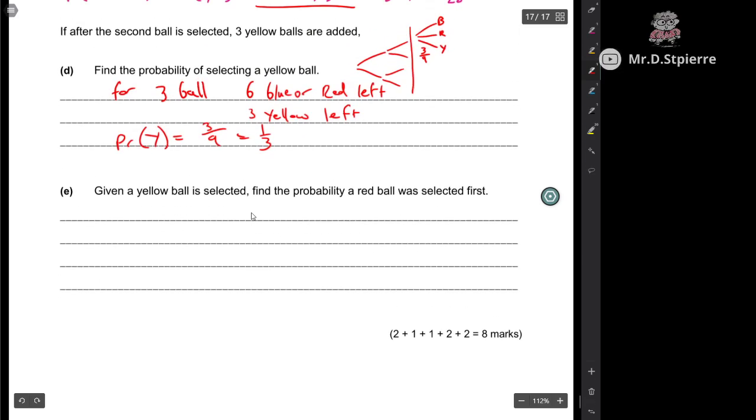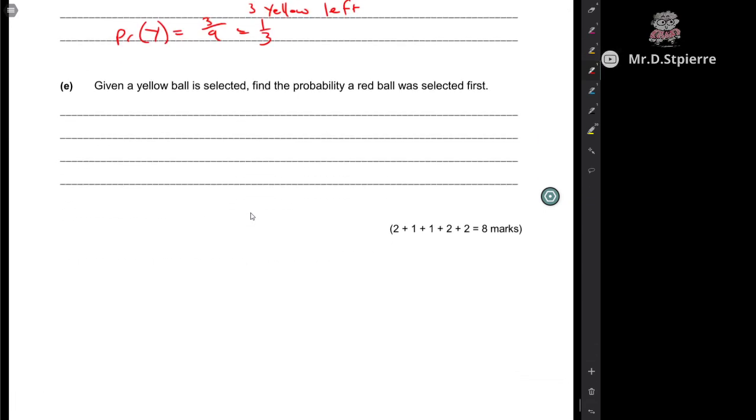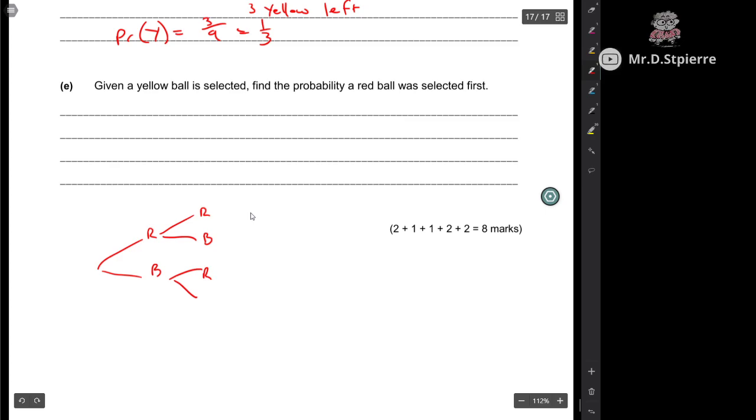This is a doozy of a question. A lot of people get sucked in to trying to do the giant diagram, find all the probabilities and then try and calculate what it is.